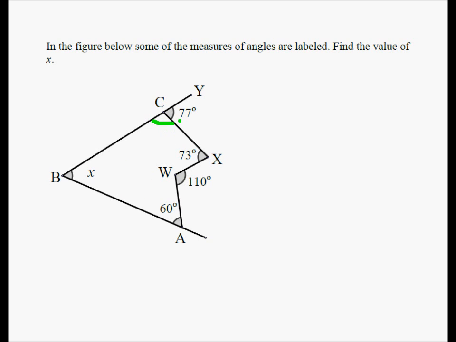This is going to be 180 minus 77, which is going to be 103. And this angle is going to be 360 degrees minus 110, which is going to be 250.